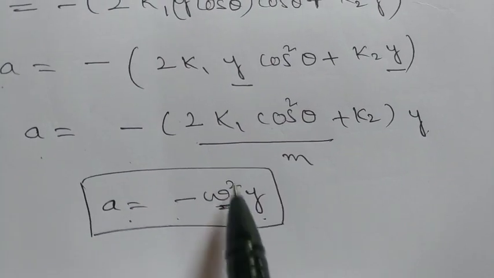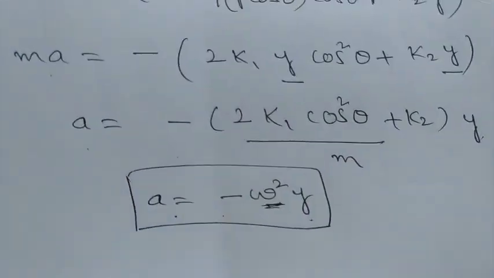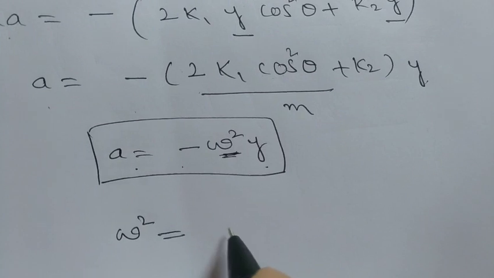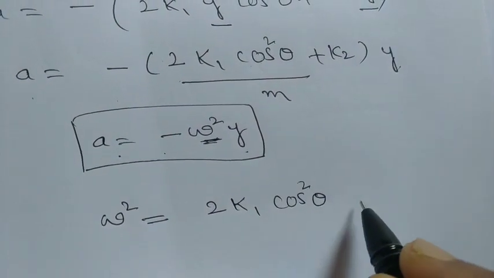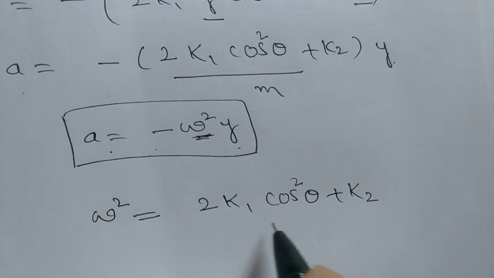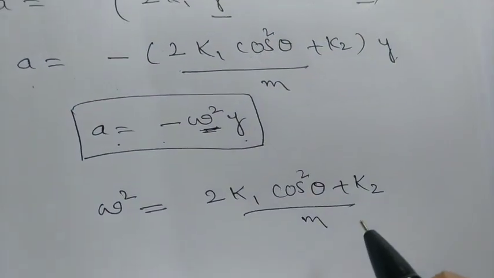Now omega square is equal to 2 K1 cos square theta plus K2 by M.